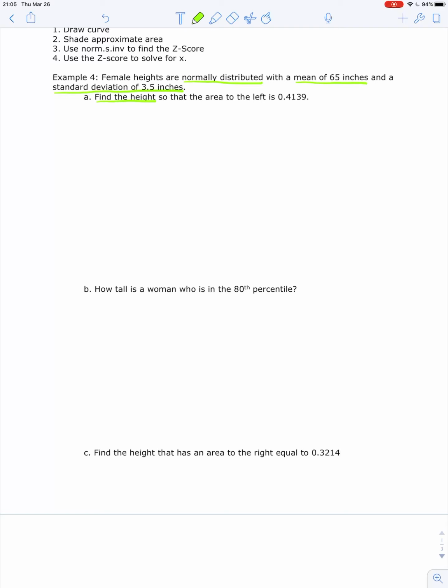And then we're told that the area to the left, so that's going to tell me where to shade my curve. And that area to the left is 0.4139. That's my probability.